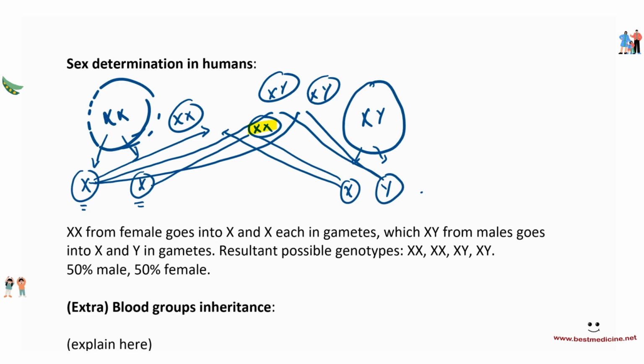So you have 2 females and 2 males here. So there's a 2 out of 4 chance of having a female, 2 out of 4 chance of having a male. Basically, this means you have a 50% chance of having a male offspring, 50% chance of having a female offspring every single time.